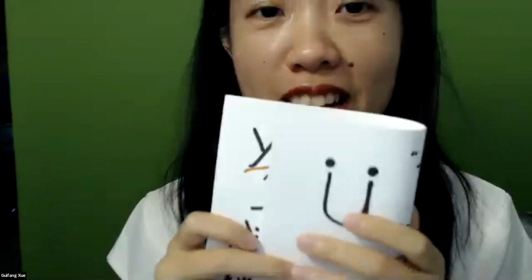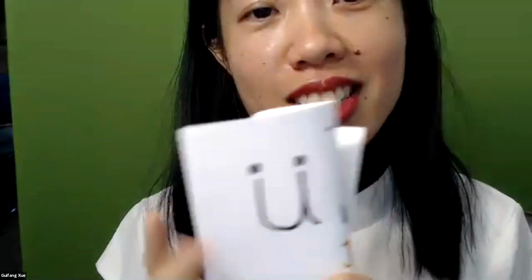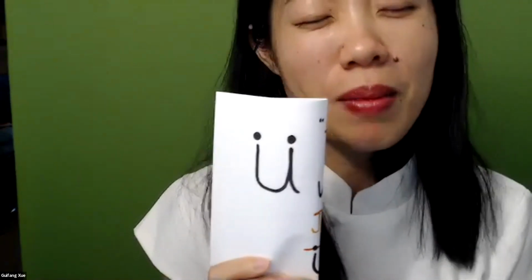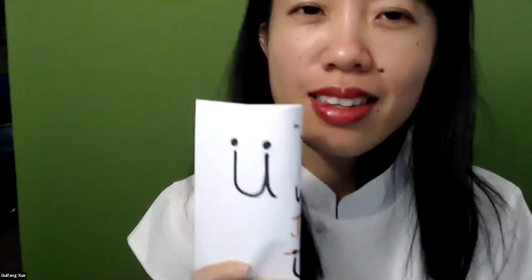The last vowel. This can be challenging. This is the last vowel because we don't have this in English, right? There's no such letter in English, and I cannot find any sound really pronounced like this. Maybe there are similar sounds, but not exactly the same.